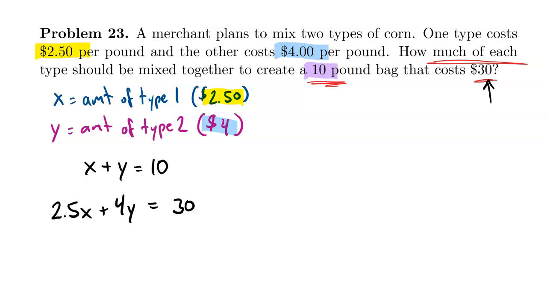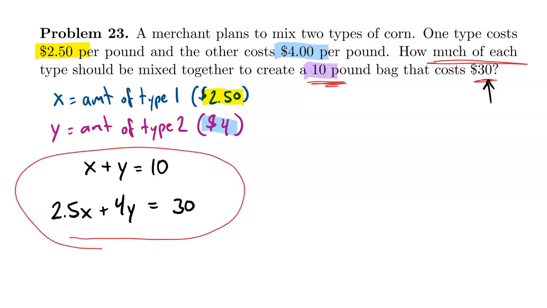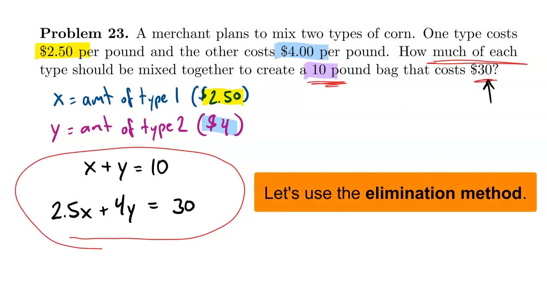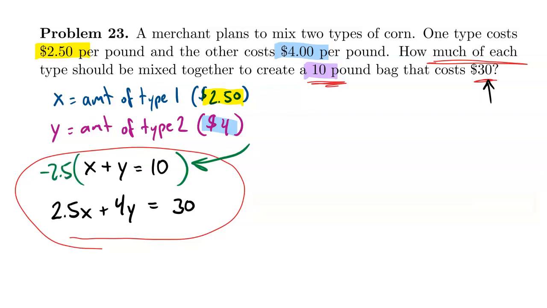Now, to solve the problem, I want to solve these two equations simultaneously. I want to solve this system of equations. So to do this, I'm going to multiply the first equation by negative 2.5. I'm going to multiply all of those terms. That gives me negative 2.5 times x minus 2.5 times y equals negative 25.